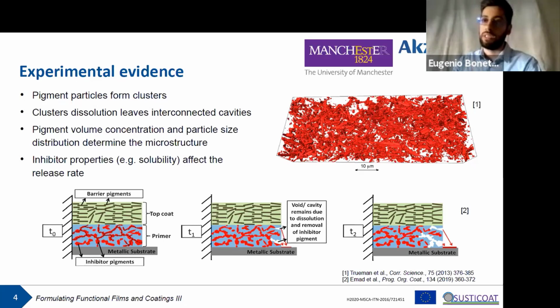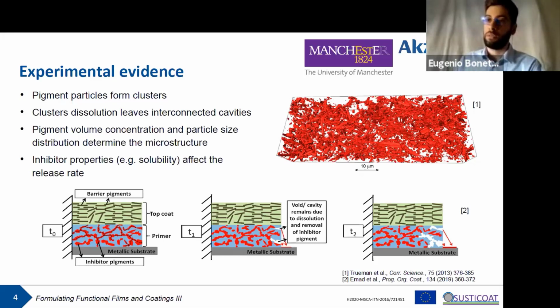Since the particles are connected, also the cavities are connected, and the cavities will eventually become filled with water from the environment and provide a transport pathway for the dissolved species to leach out. The presence of ions in the polymer phase actually was not detected in experiments, which confirms that the main transport mechanism is through the cavities left after the dissolution of the clusters.